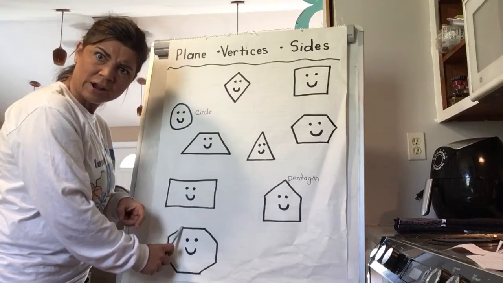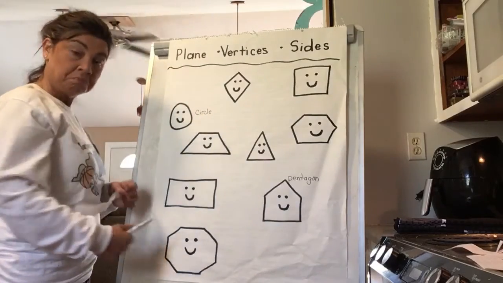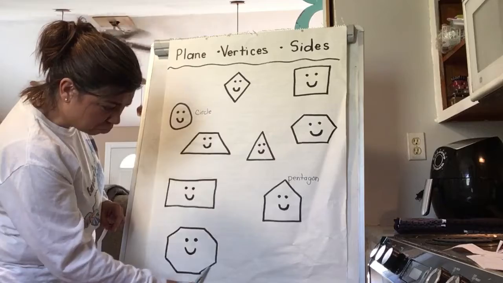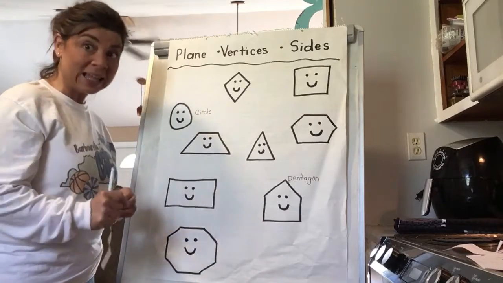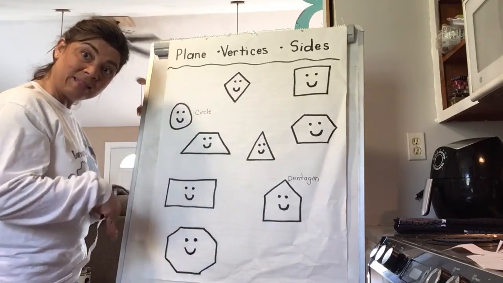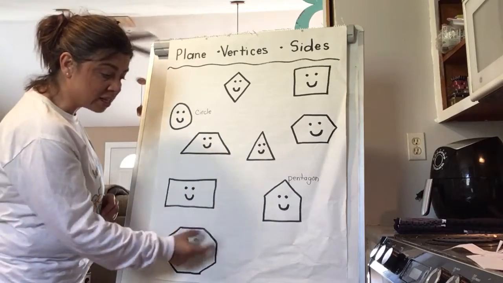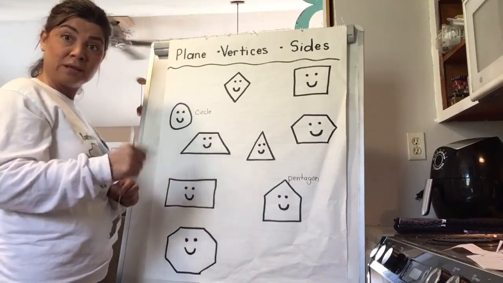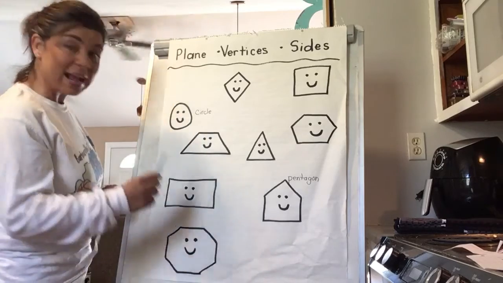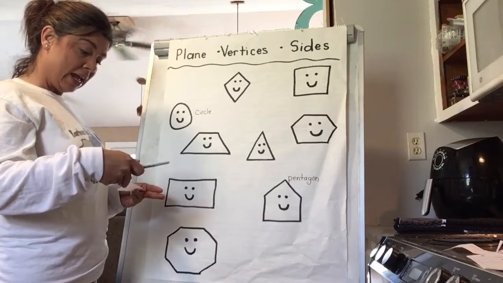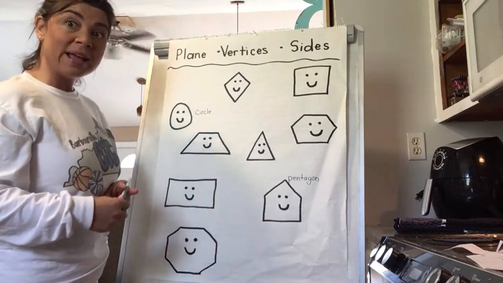Does it have 8 corners or 8 vertices? Yep. And are all the sides equal? Pretty close to the same length. Remember, we talked about length in a previous unit, how long or short something is. So these have pretty much the same length or same size. So it has 8 sides, 8 vertices, and all the sides are equal.